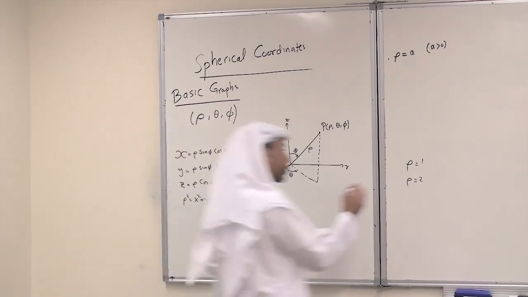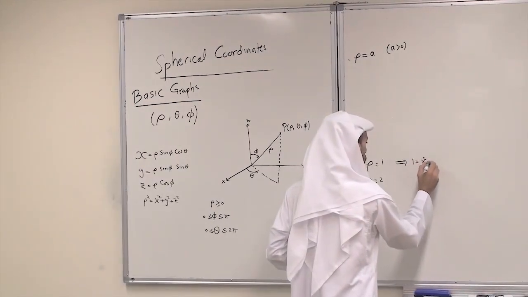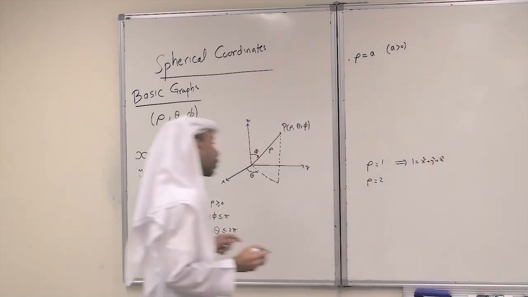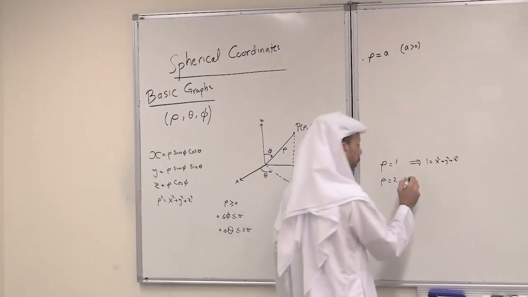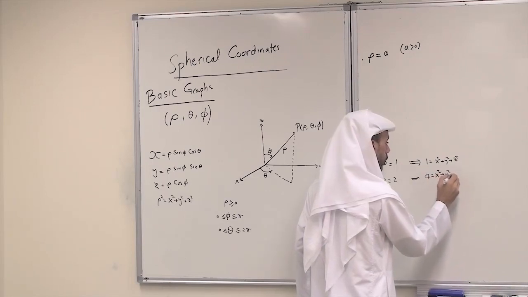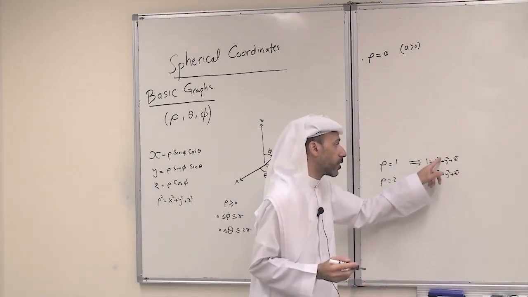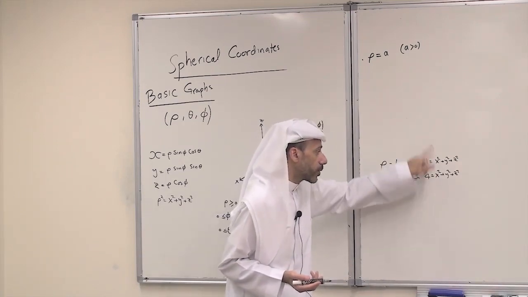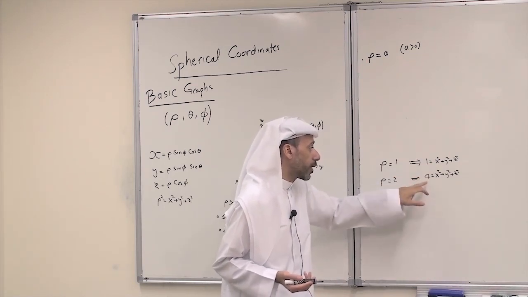The same thing for 2: if rho equals 2, I get 4 equals x squared plus y squared plus z squared. So what is the graph of these equations? It is obvious. These are spheres with center the origin and radius 1 and radius 2.